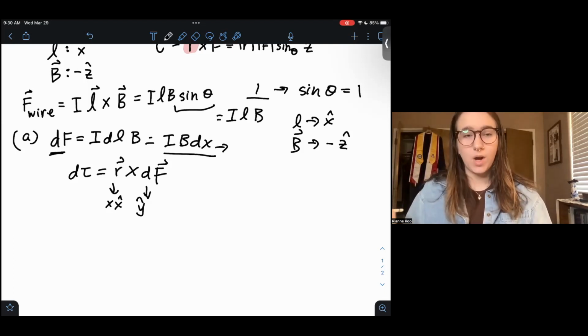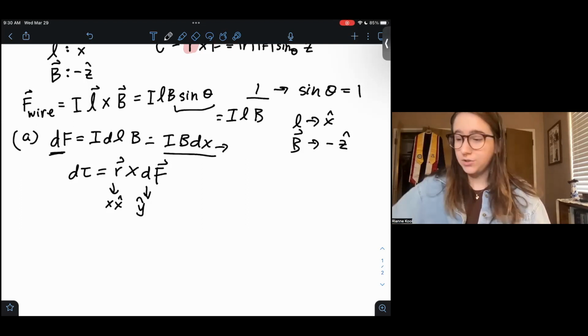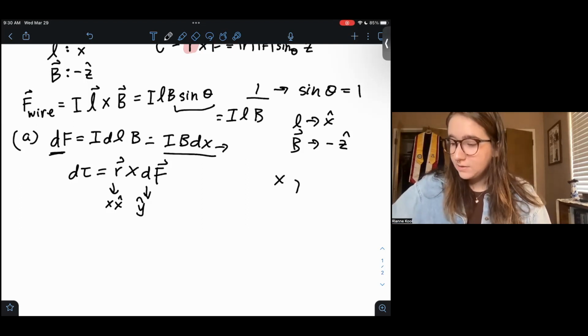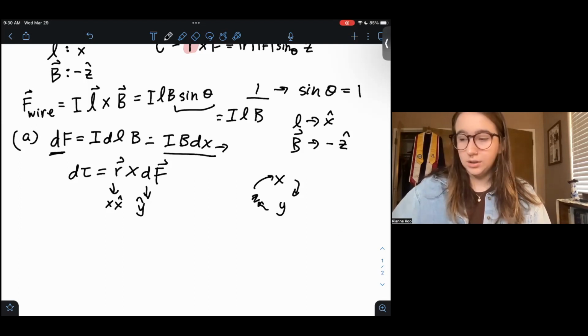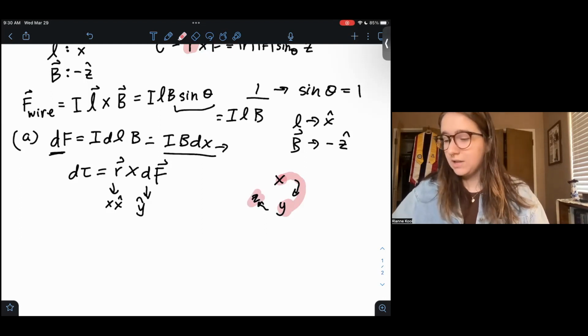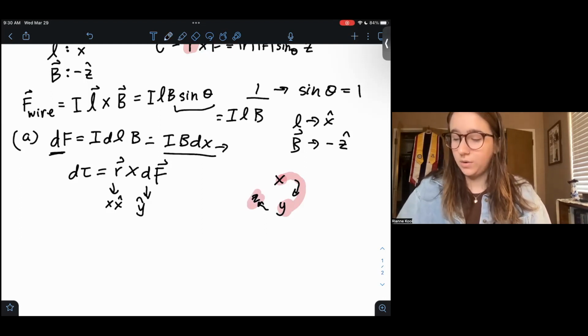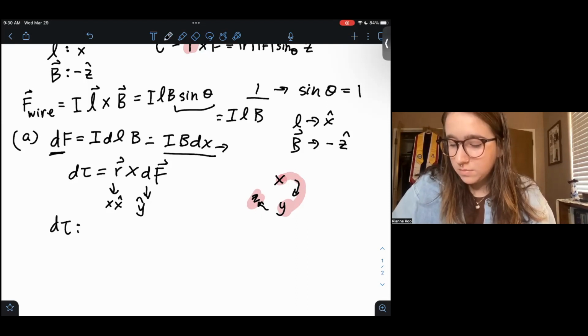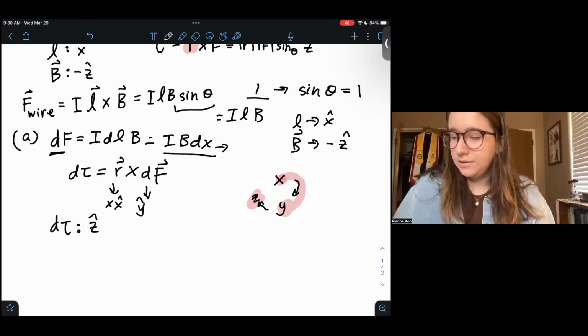So we want to find what r cross dF is. Since we have unit vectors again, I'm going to do the same trick. So x, y, z, all in a line like that. So then we go x hat cross y hat. There's no negatives involved, so we get z hat, and that's what our d tau is going to be in. So I'm going to write that down, z hat.